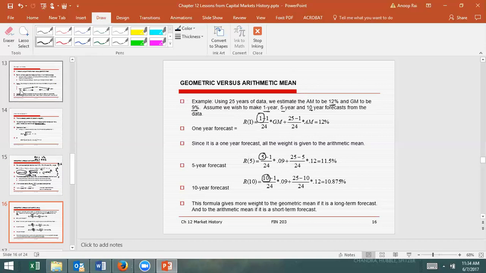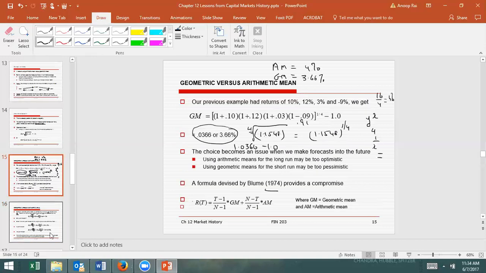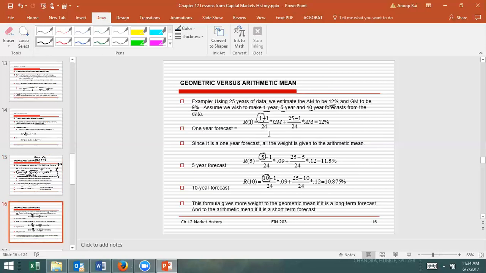The numerator is n minus 1. So 25 minus 1 is 24. And that will be the same for all. Same for all here. And this one is n minus 1. So notice what happens when you're doing it for 1 year: this 1, 24 over 24, becomes 1, and this becomes 0.